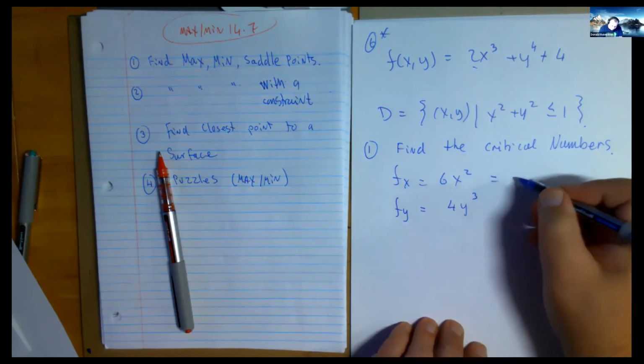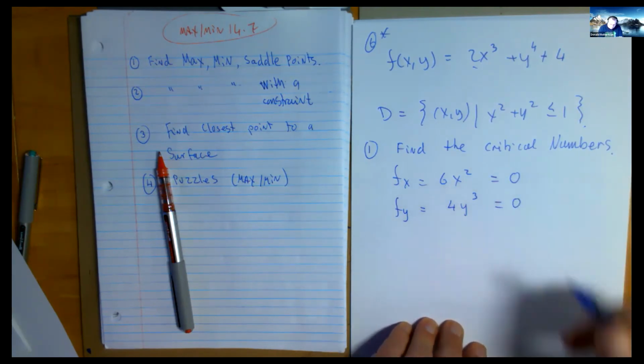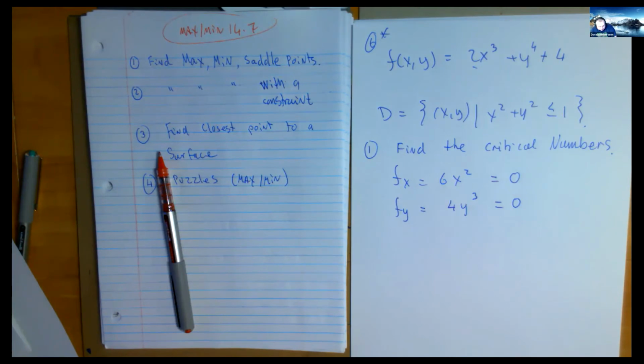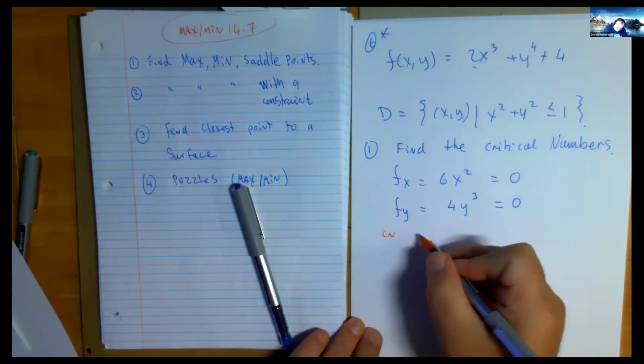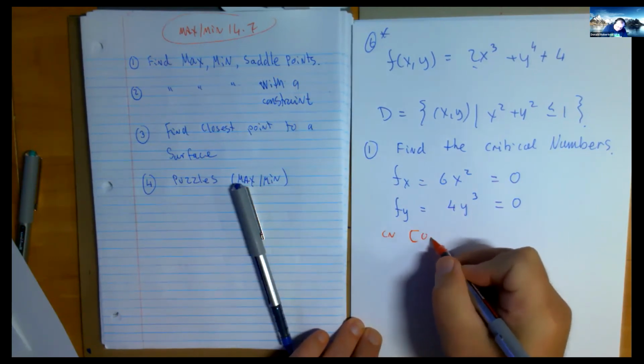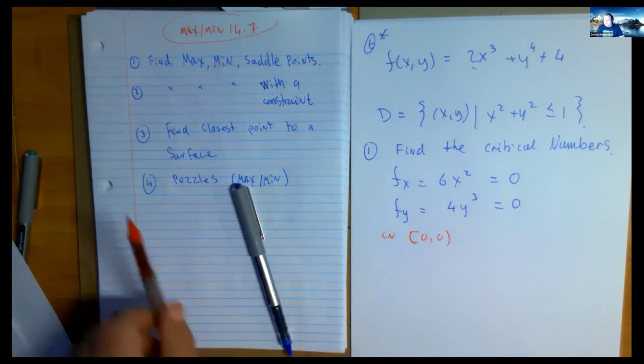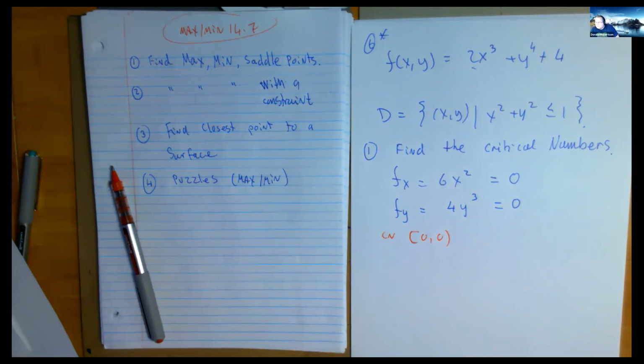If you set these equal to 0, I expect you're going to say, this is easy. I can do this one in my head without really any algebra. Would you agree that there's only one point where both those derivatives are 0? And so we have a critical number, and it's obviously the origin. Can I just say that without any thought? You could figure it out.